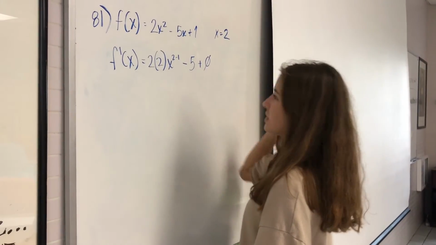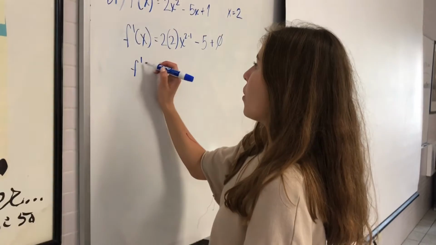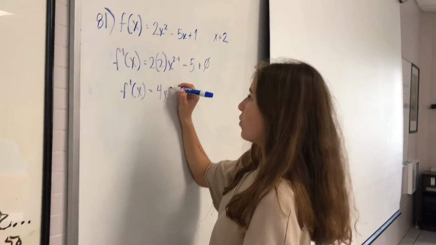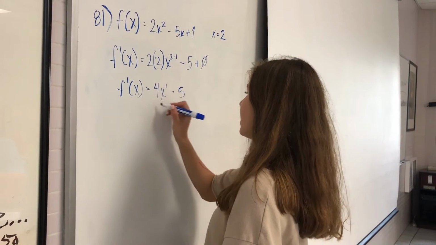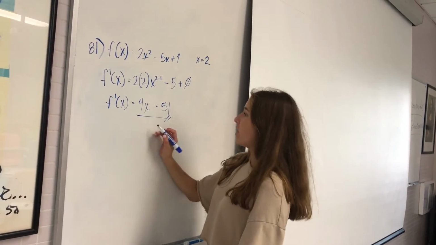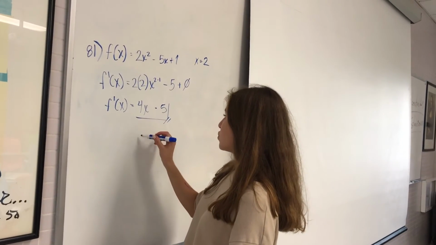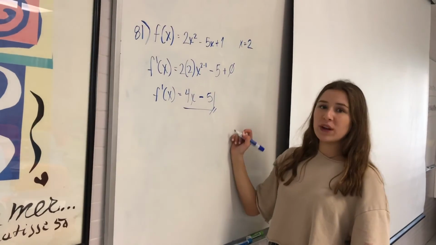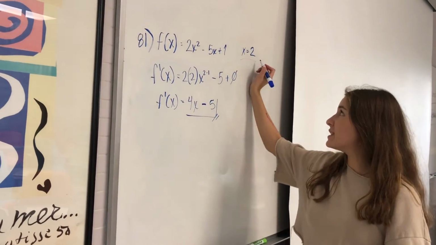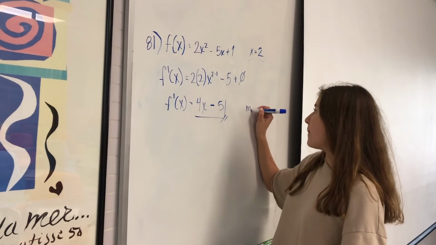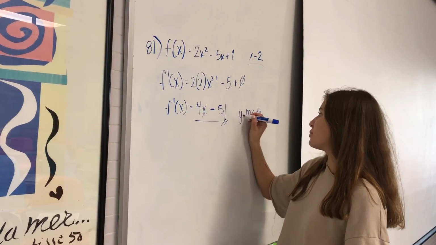Then we solve it and it's 4x minus 5. And this is the derivative. To find the slope, we set it equal to this. Now to find the equation for the tangent line, the formula is y equals mx plus b.